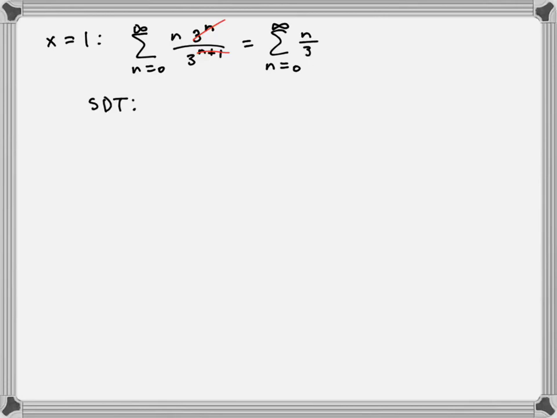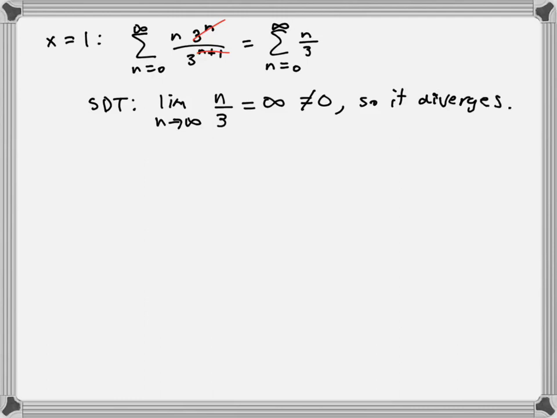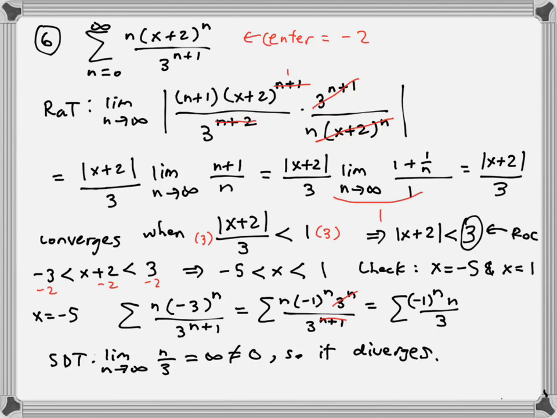Again, if you use the strong divergence test on that, the limit as n goes to infinity of n over 3 is infinity, which is not 0, so it diverges. So we just found out that it diverges at both edges.